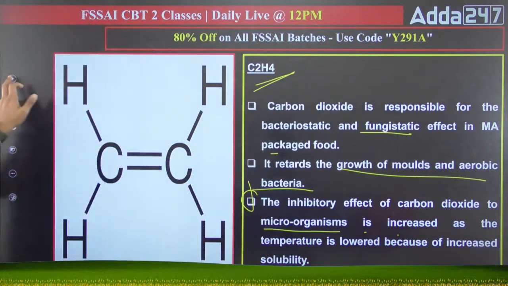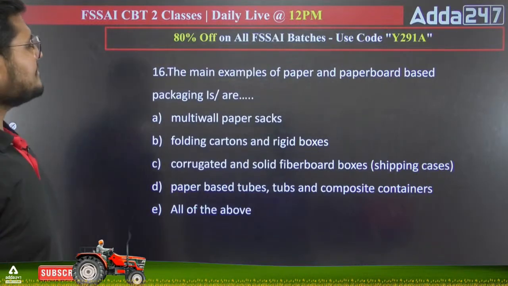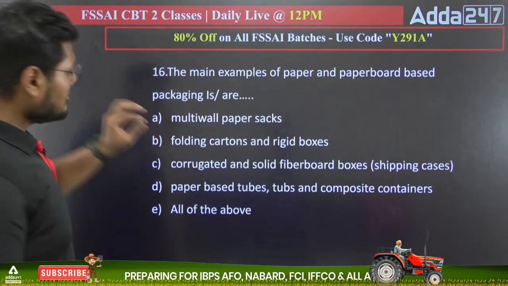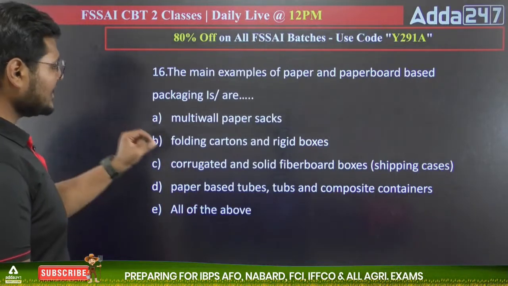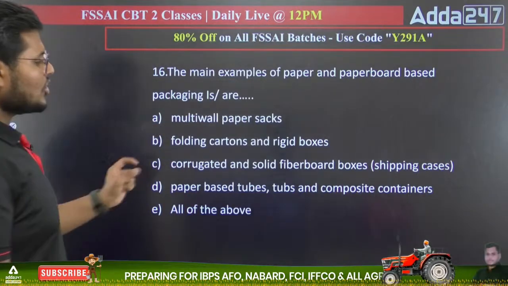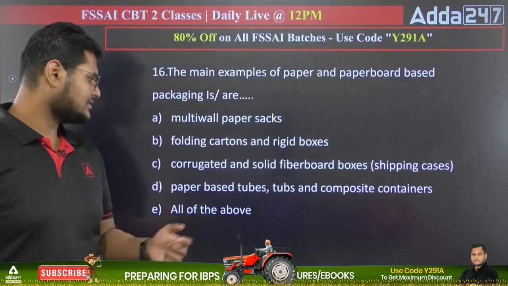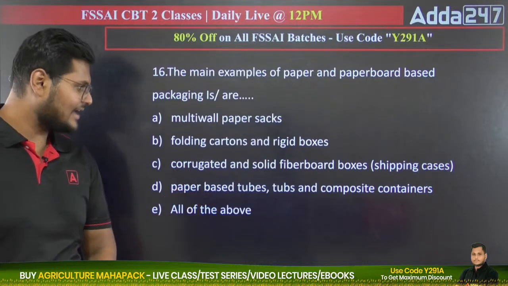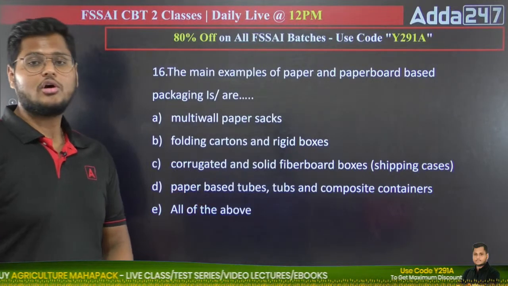The main examples of paper and paperboard based packaging is or are dash: multi-wall paper sacks, folding cartons and rigid boxes, corrugated and solid fiberboard boxes that are generally used in shipping, paper based tubes, tubs and composite containers, or all of the above.